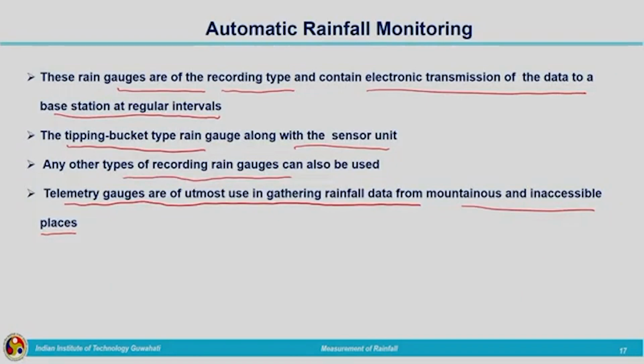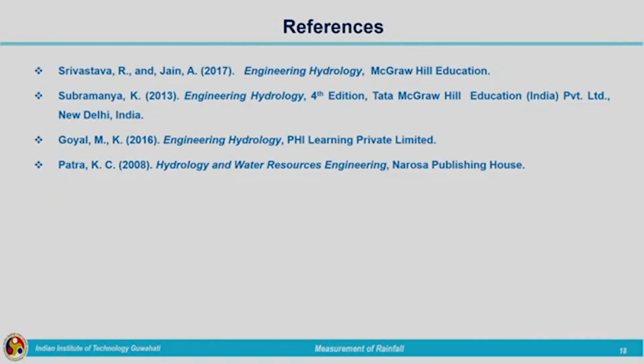So, that much about the rainfall measurement. For getting detailed knowledge about these rain gauges and the remote measurement of rainfall data, you can have a look into these textbooks. In this lecture we have seen different rain gauges, recording and non-recording.